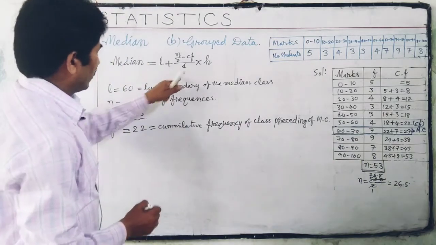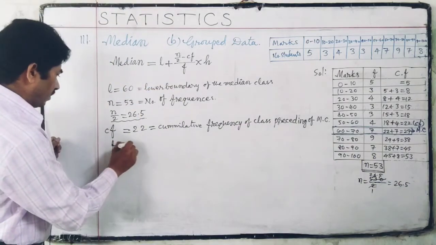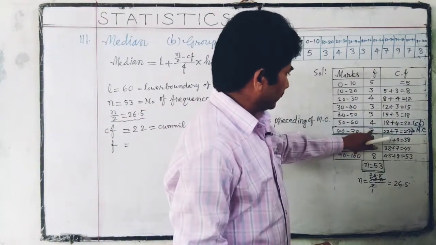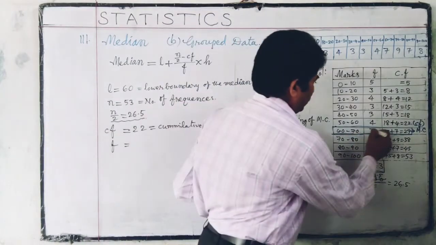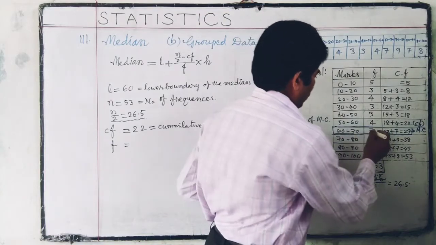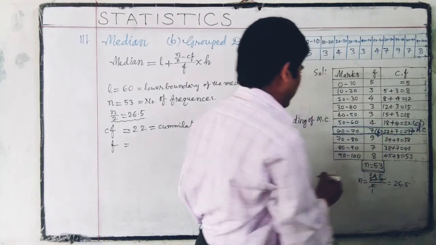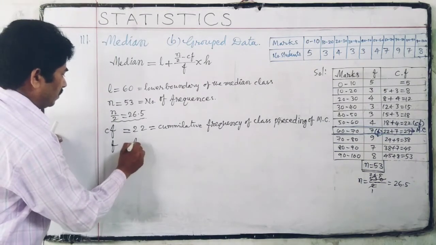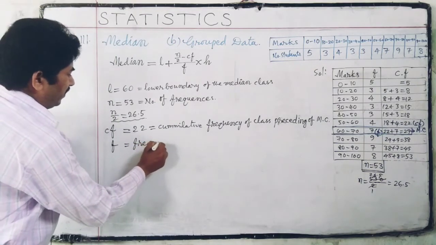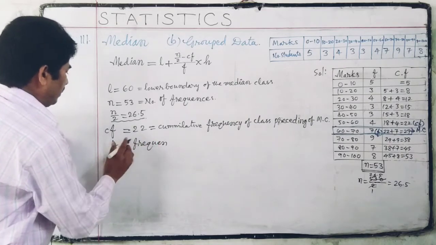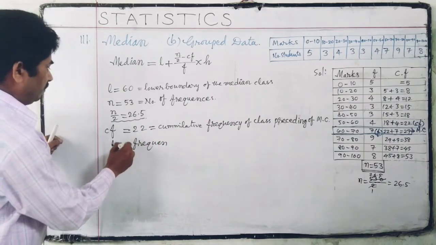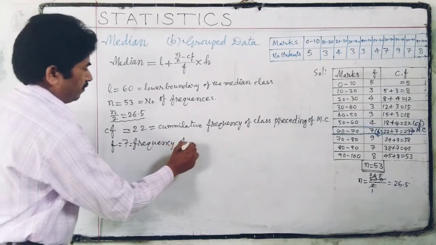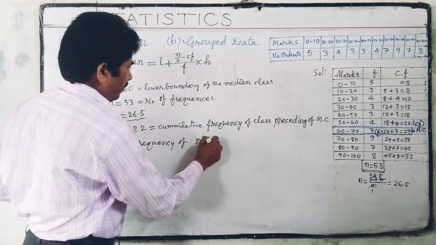Next, F is the frequency of the median class. So 7, this is the frequency of the median class. Frequency F is equal to 7.